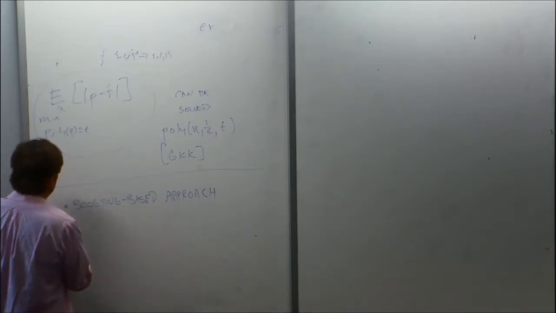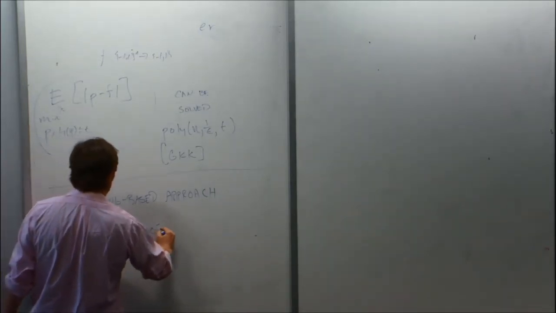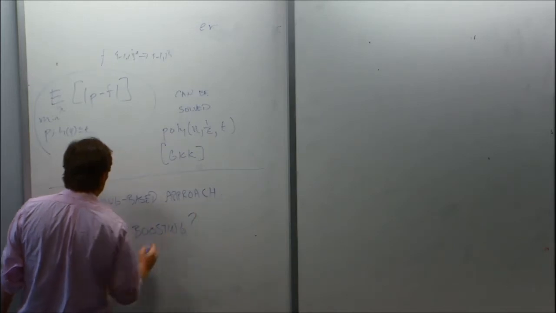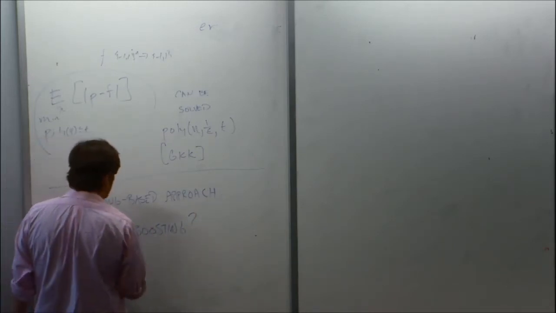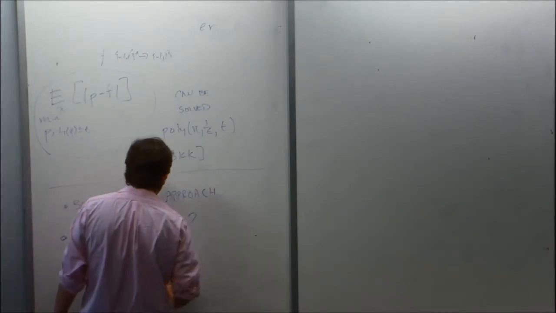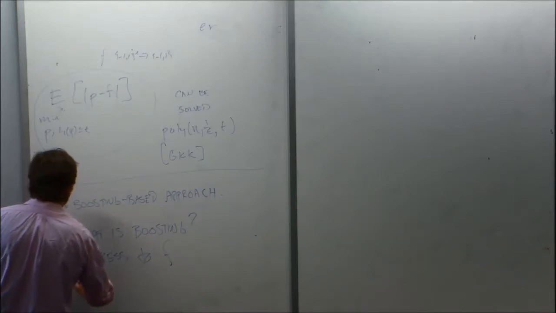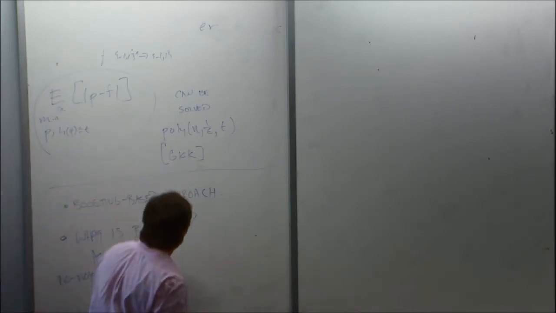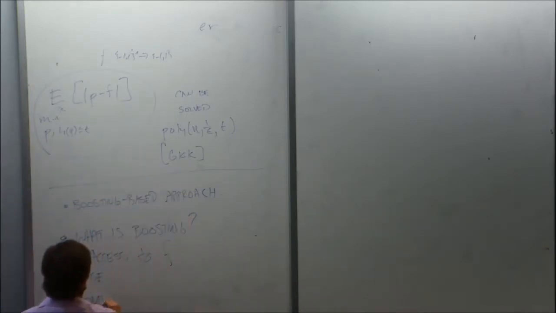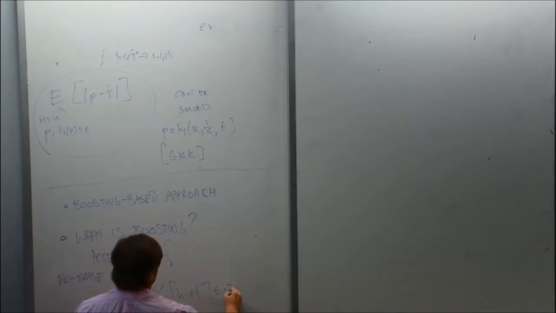Okay, so let me remind you what boosting is. Again, imagine the learner has access to f, and there's no noise. Let's think about the noiseless case. The goal, of course, is to output h such that the probability that h does not equal f is at most epsilon.